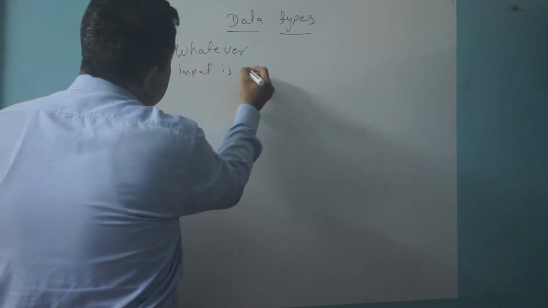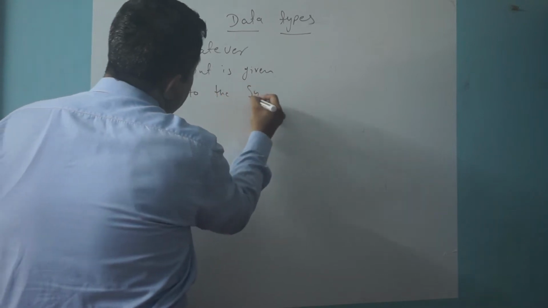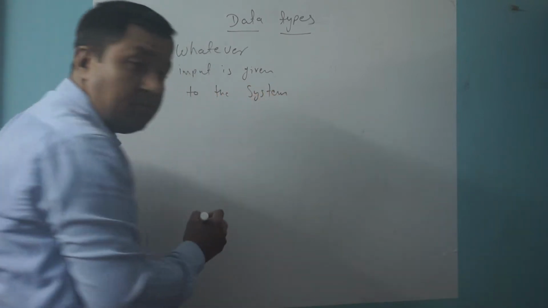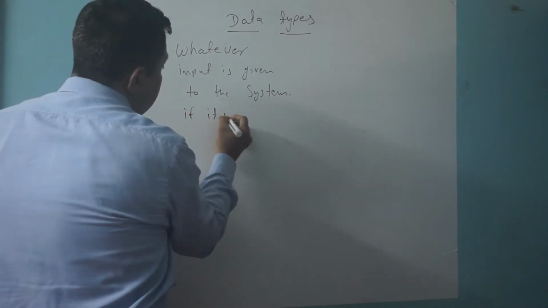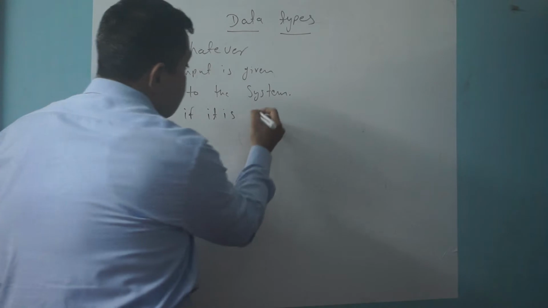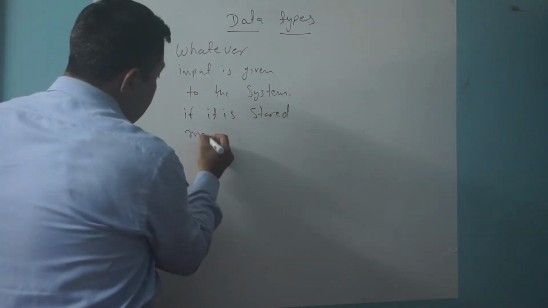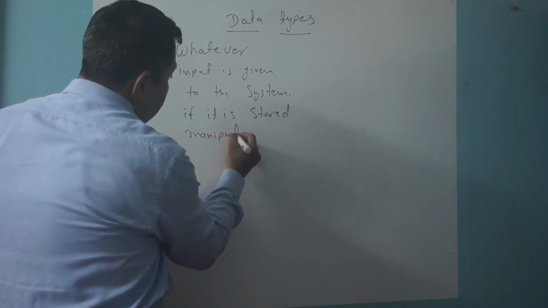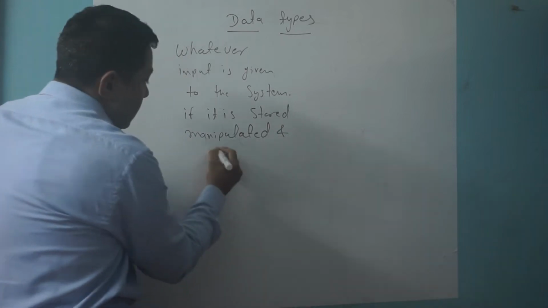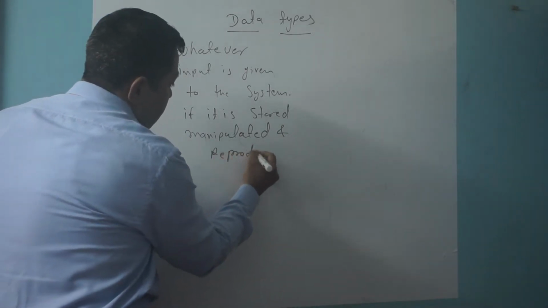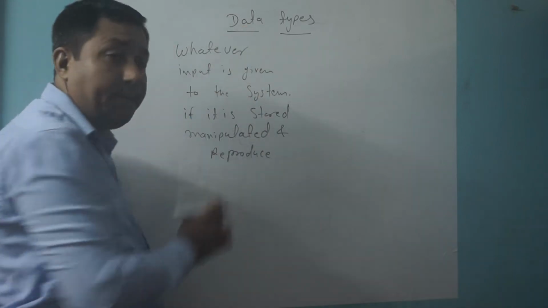input is given to the system, if it is stored, manipulated, and reproduced, then it is called data.